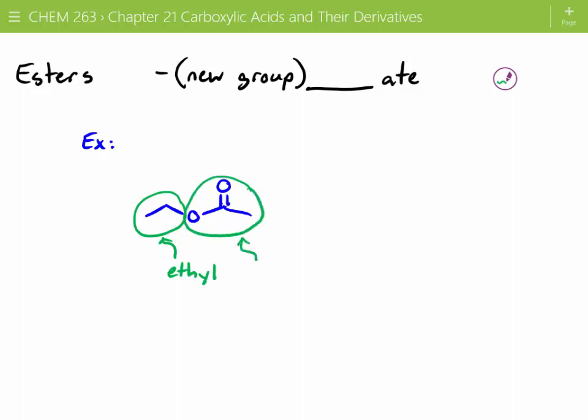What's this parent group called? Acetate. So when we name this, the conventional naming for this compound would be just ethyl first, because that's the substituent coming off the oxygen. And then the parent carboxylic acid was an acetate group.